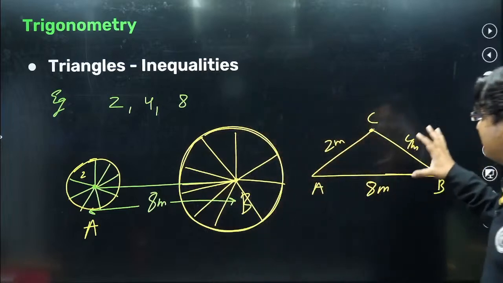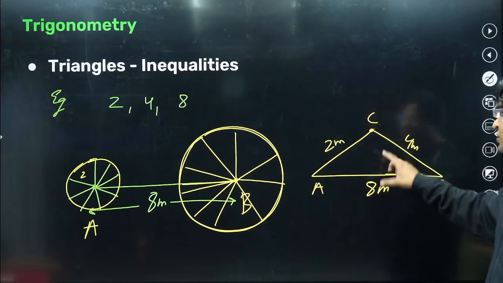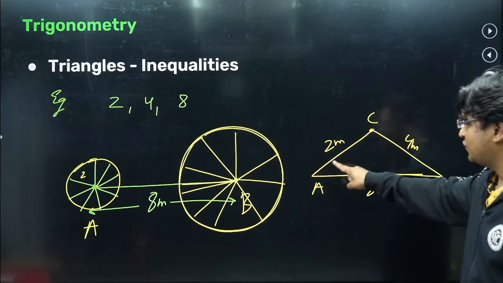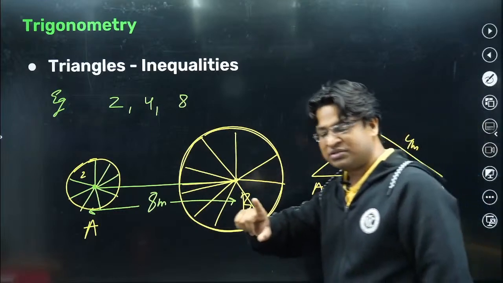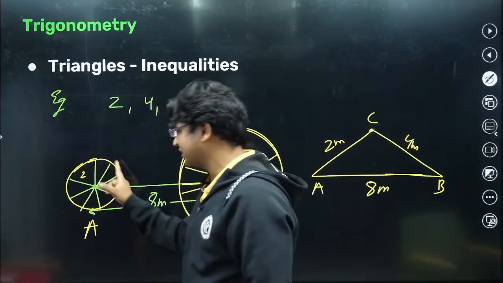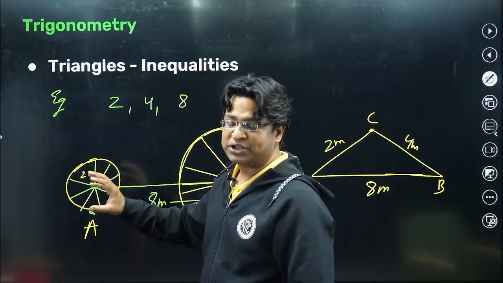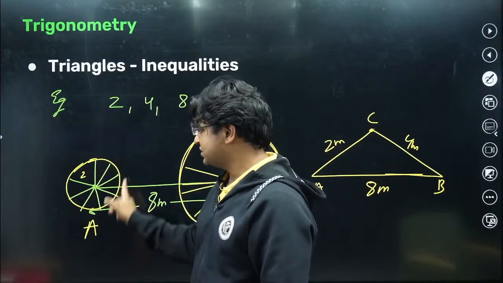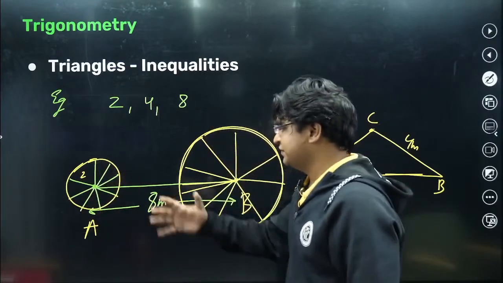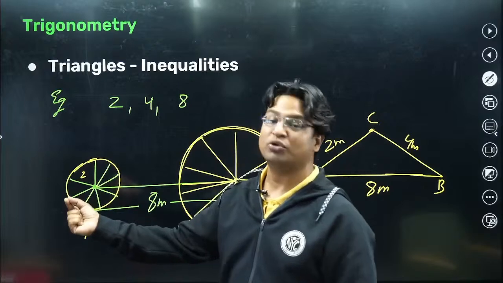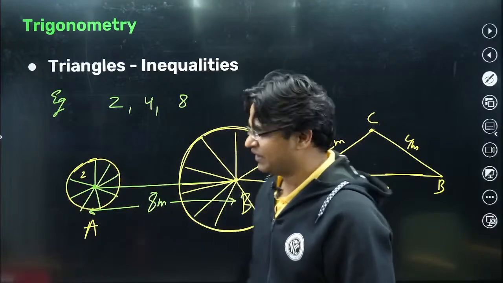I'm trying to draw a triangle like this. So C point needs to be at a distance of 2 meter from A, which means C has to be on this circle, because all the points which are 2 meter away from A are on this circle. Of course, we are staying in the plane. We are not allowed to come out of the plane because a triangle is a planar figure.